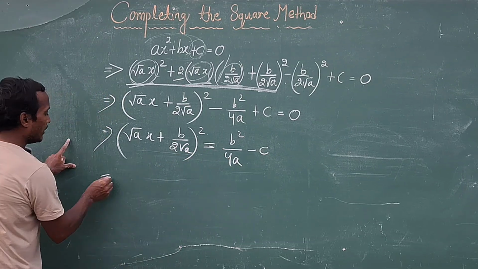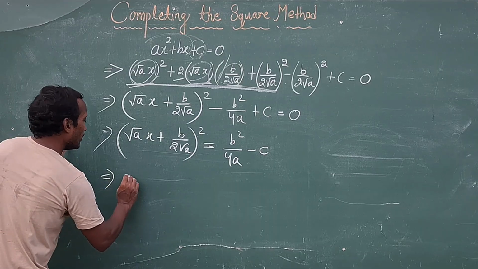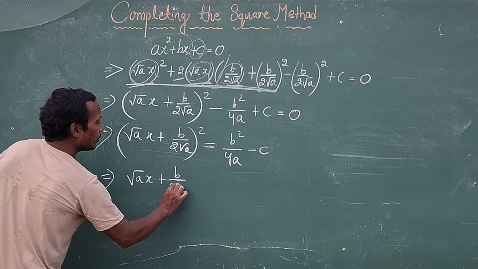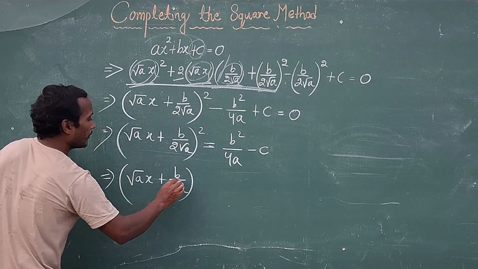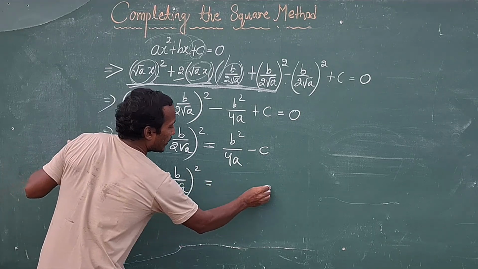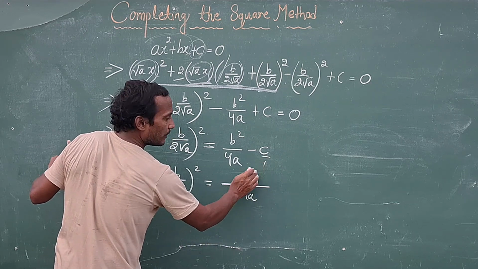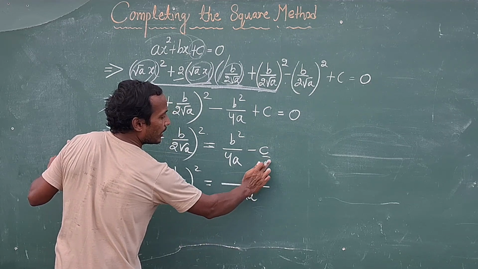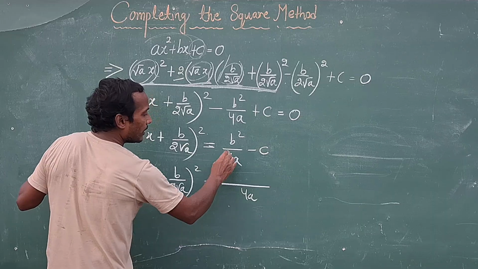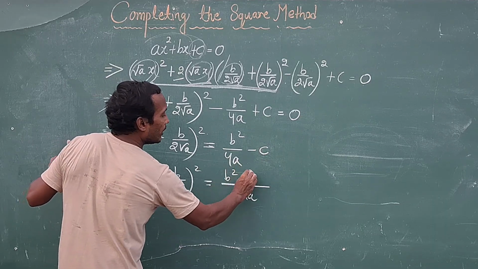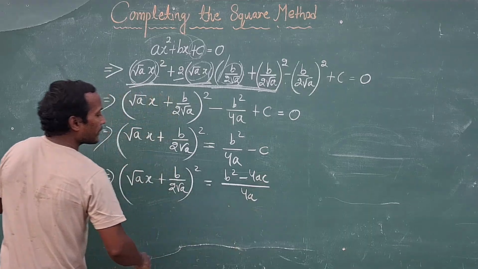Now let me write one more step for this. On the right side I have LCM 4a, c by 1, so 4a and 1, LCM of 4a and 1 will be 4a. Now you have b square minus 4a multiplied with c, you will have 4ac.